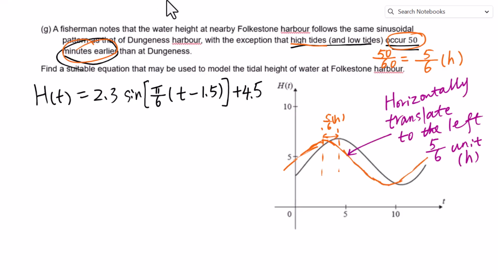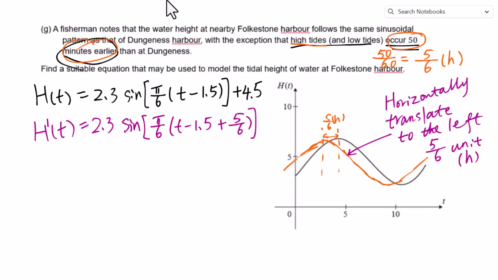In other words, the new function horizontally translated to the left 5 over 6 unit. So the new function h prime of t equals 2.3 sin pi over 6 times t minus 1.5 plus 5 over 6 plus 4.5.